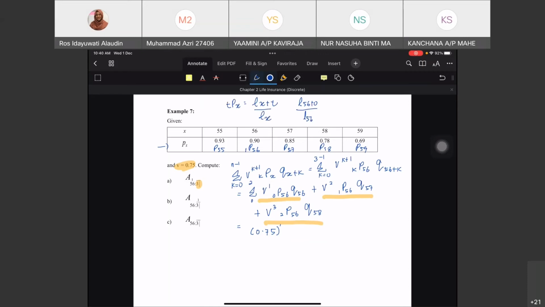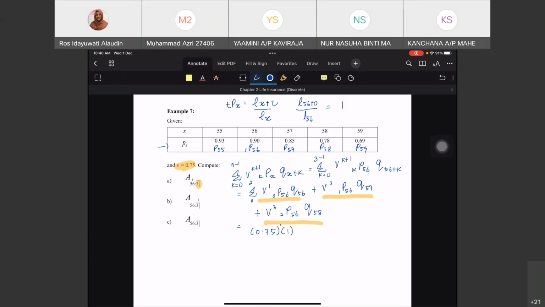But now t is equal to 0, so it becomes 1. The probability of the person at age 56 surviving until 56 is still 1 because the time has not moved on.